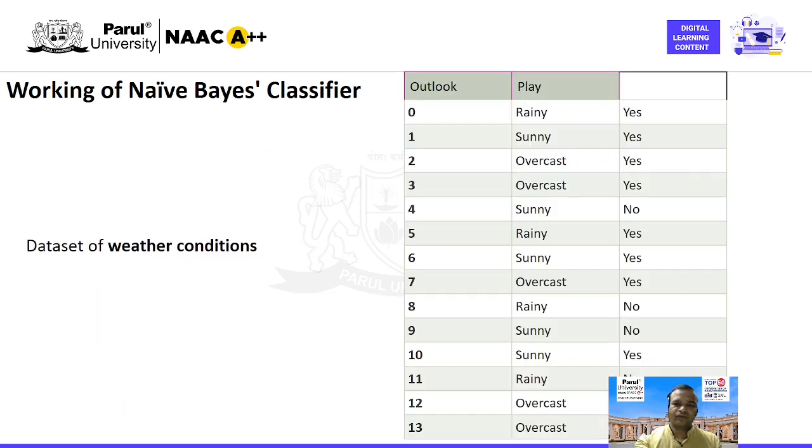Sorry, there is some mistake here: the first column is outlook, the second is weather, and the third is play condition.